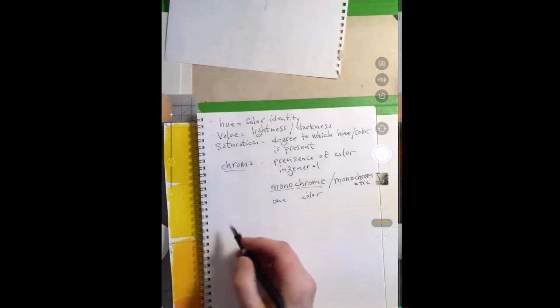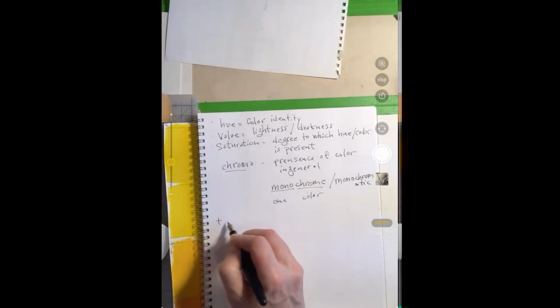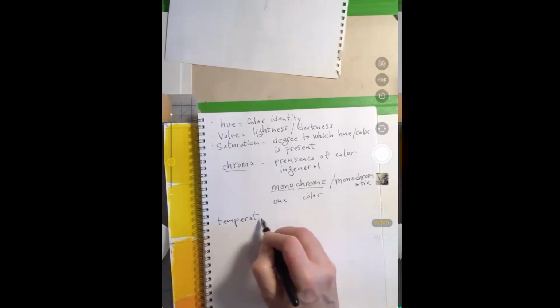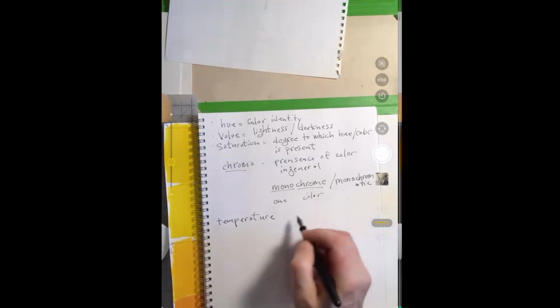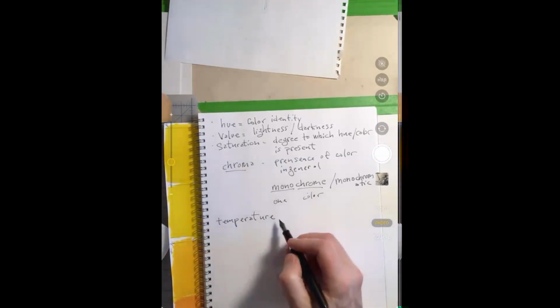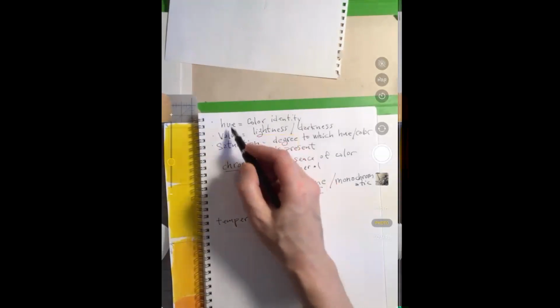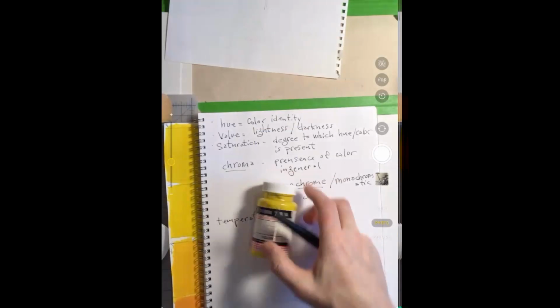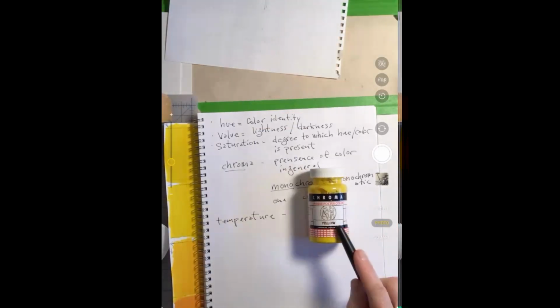So that's there, and there's also with color, which is not as consistent as these three of hue, value, and saturation, temperature. Temperature is probably the easiest one to figure out, right? What would you guess would be the temperature of yellow?